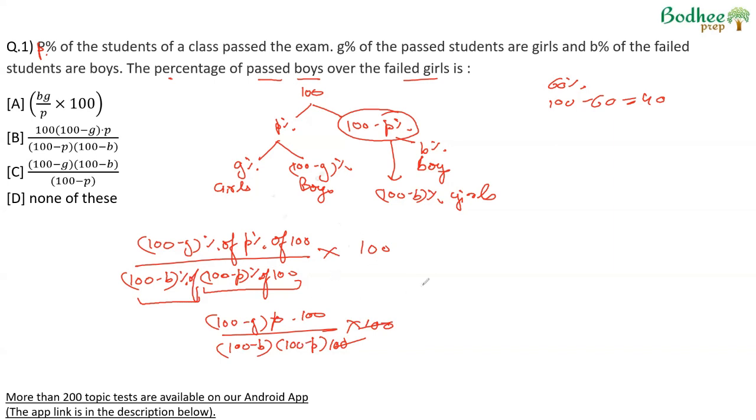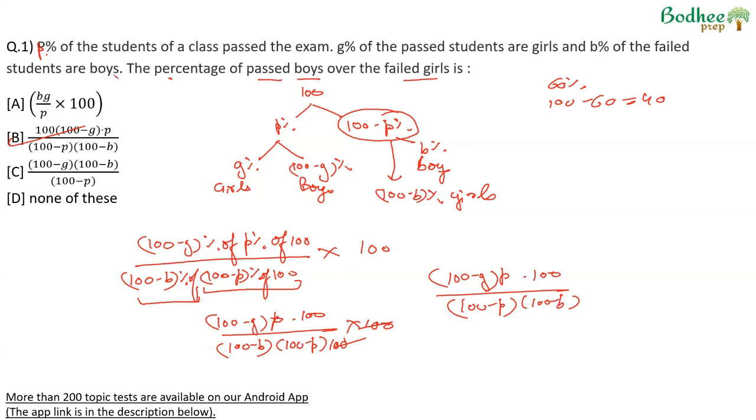So finally, the expression that we'll get is 100 minus G into P into 100 upon 100 minus P into 100 minus B, which is the same as option B.